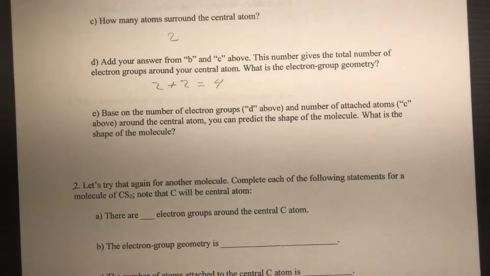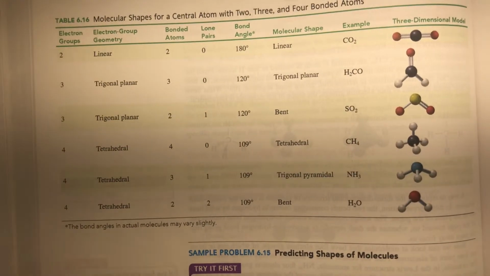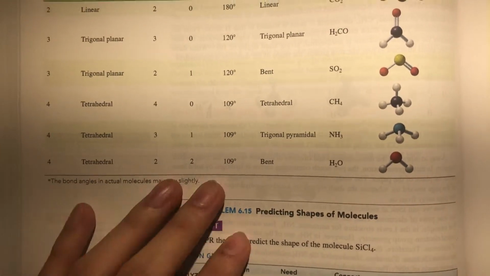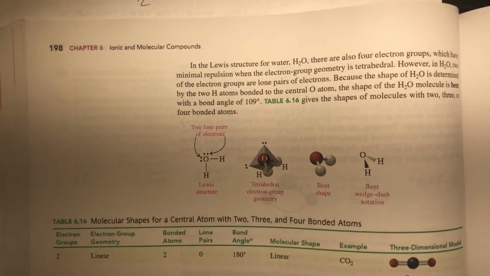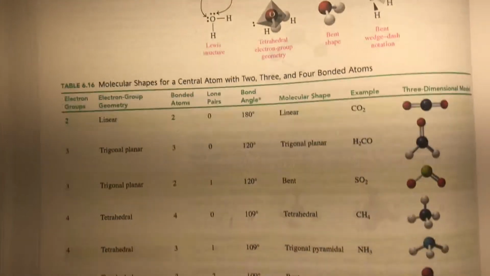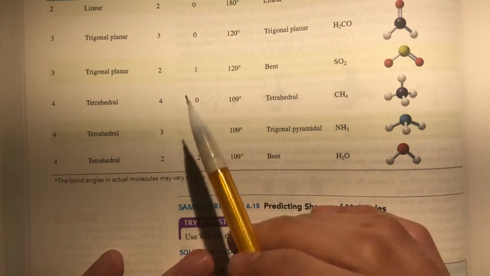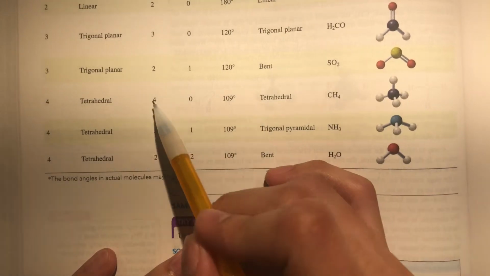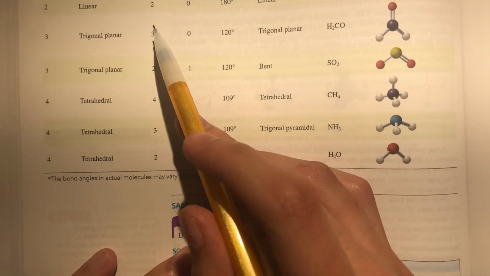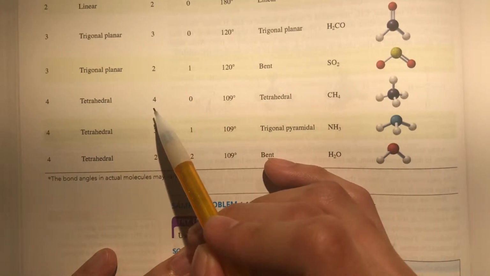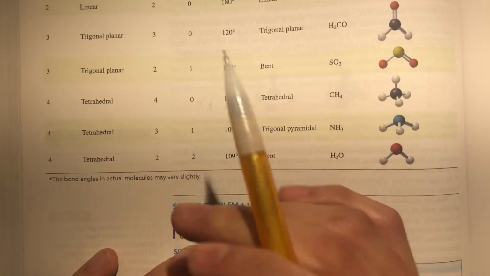Now, if you get out your book, chapter 6, page 198, there we go, 198. Since we added 2 plus 2, we get 4. And to determine the electron group geometry, it's tetrahedral.